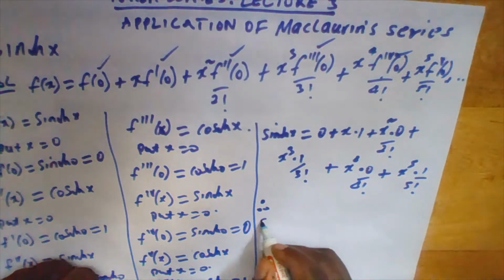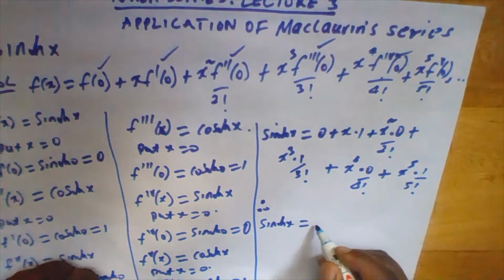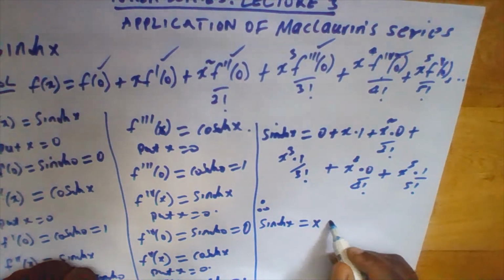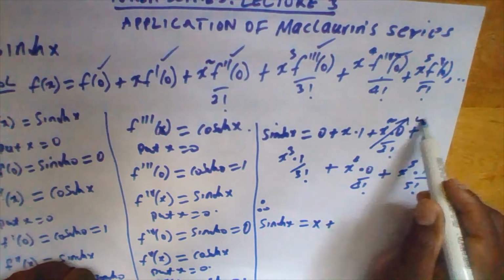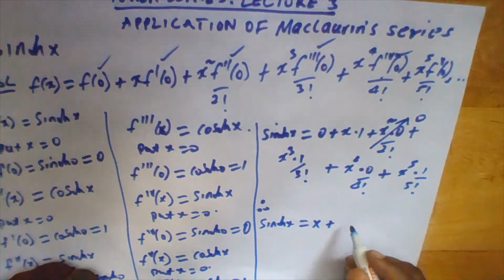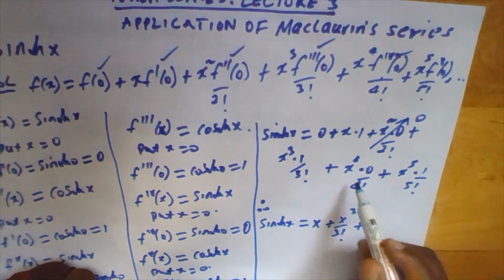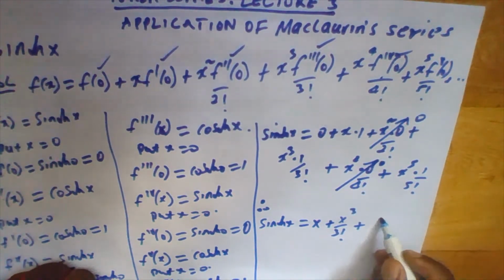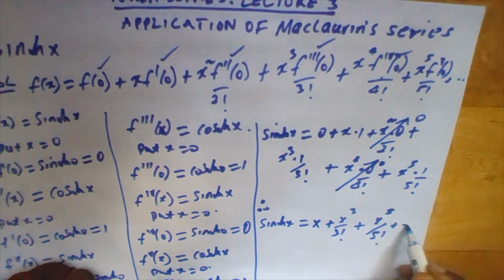Therefore sin x would be equal to x times 1, we have x, then plus, this would be 0 because we are multiplying with 0, then we have plus x cubed all over 3 factorial because x cubed times 1, then plus, we are multiplying with 0, so this will be 0, so we remain with plus x raised to 5, of course, times 1 all over 5 factorial plus.